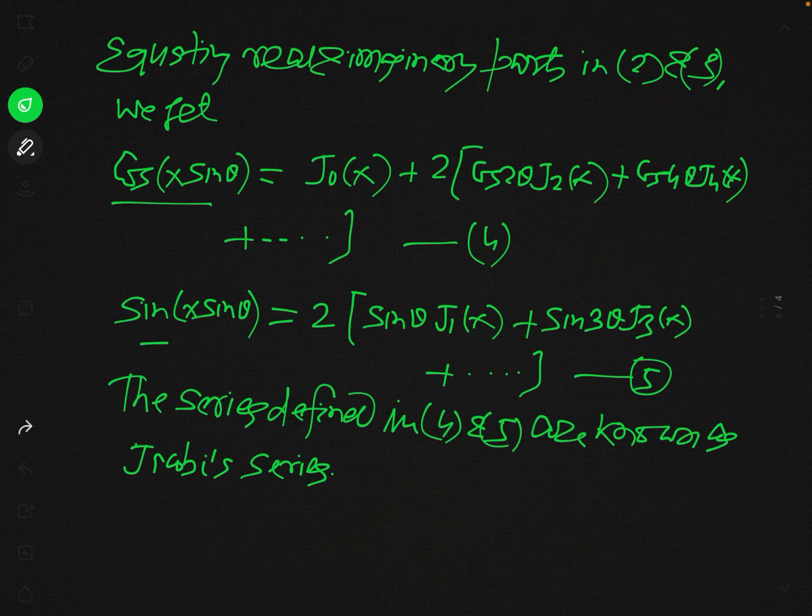Then you will find that when n is odd, all terms on the RHS will vanish, but when n is even, then all terms on the RHS except the one containing cos n theta will vanish. So we can write the general form of this equation in this manner.